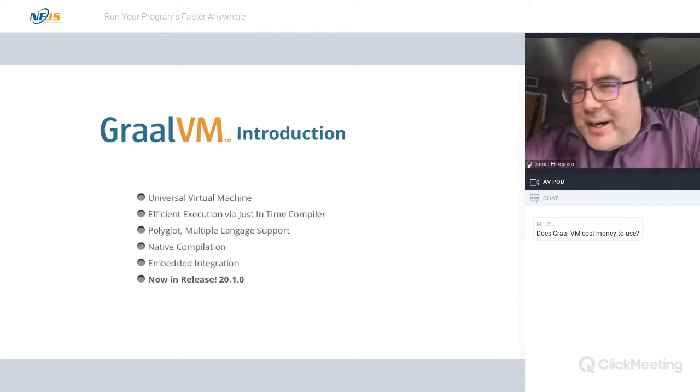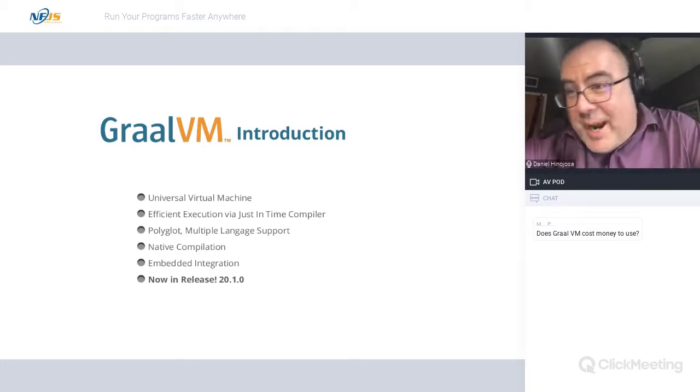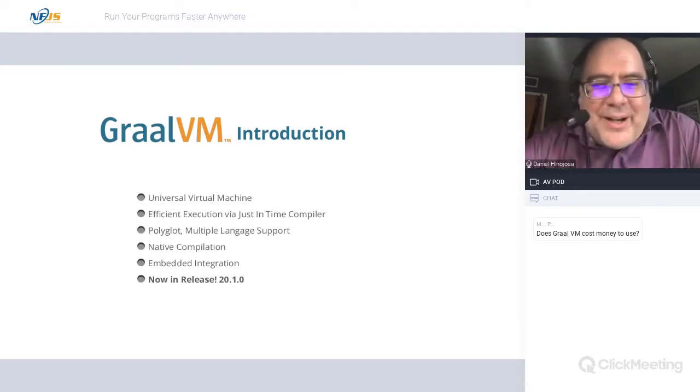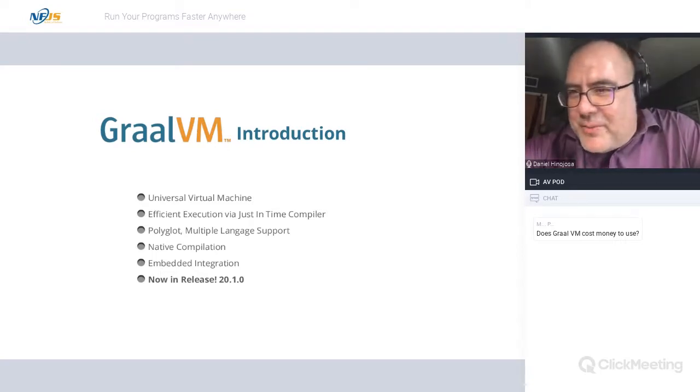All right. So universal virtual machine. I'll address the perhaps money issue behind it. Efficient execution with something called a just-in-time compiler. Polyglot, multiple languages, so I'll show you that. You could do JavaScript, you could do Python, you could do Ruby with it.